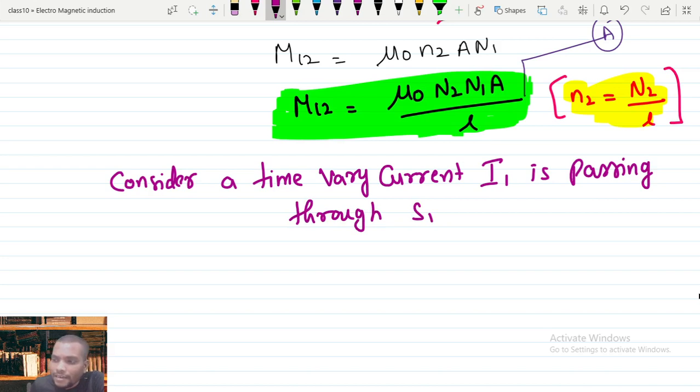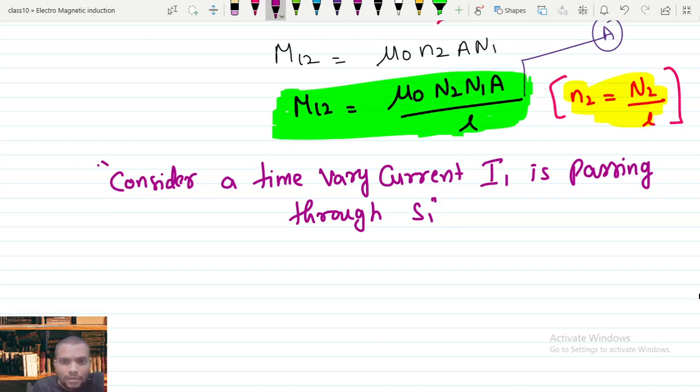If a time varying current is passing through S1, because of this, what happens? There is a change in the magnetic flux linked in the solenoid S2. Okay.